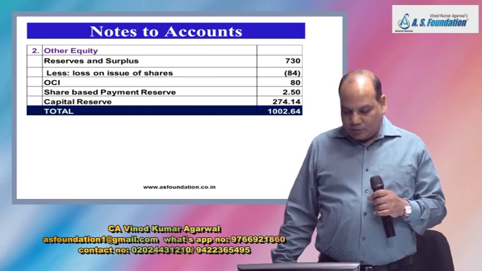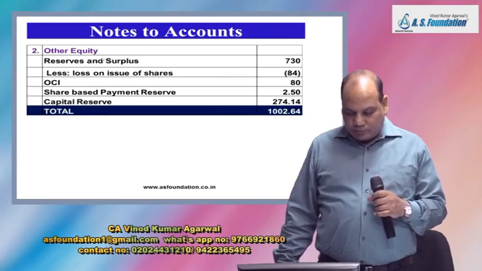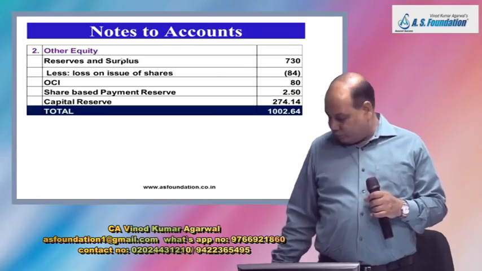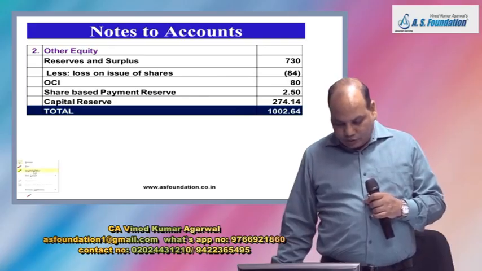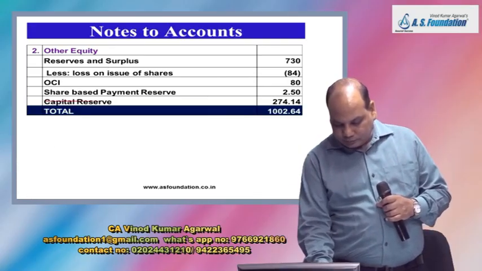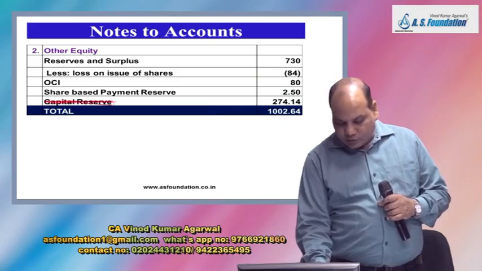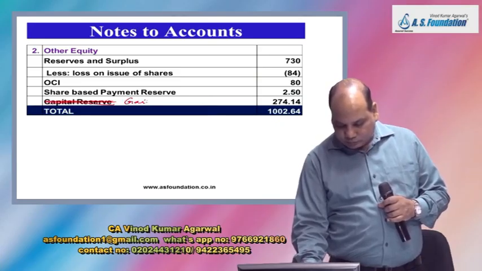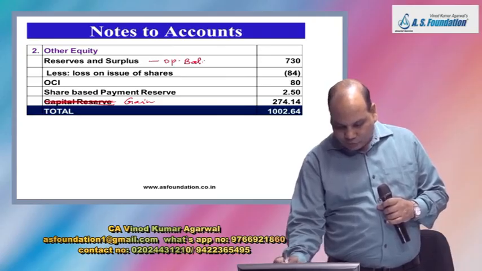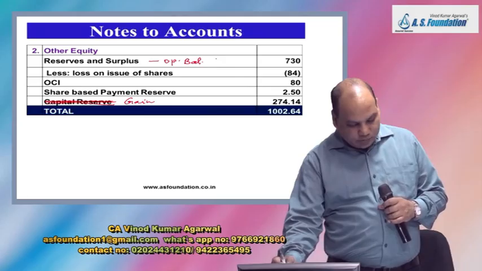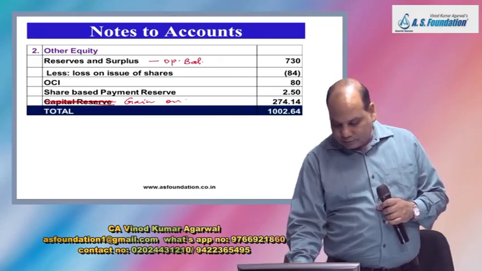And then you prepare note number 2. Other equity. In other equity, you first write down reserve and surplus. Reserve and surplus opening balance. Can you see 730? Professional Limited.